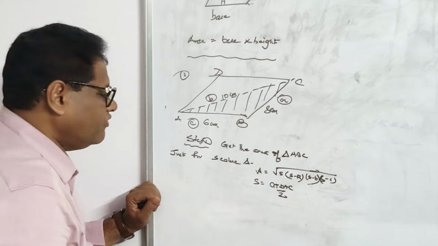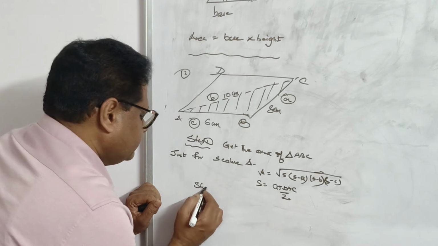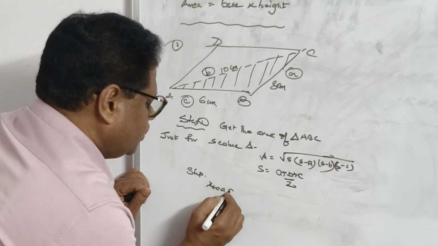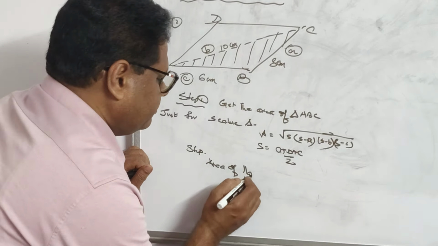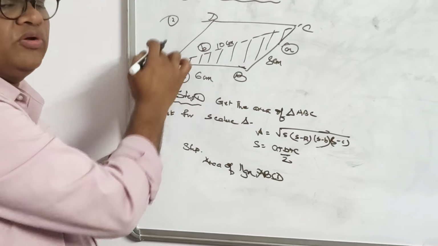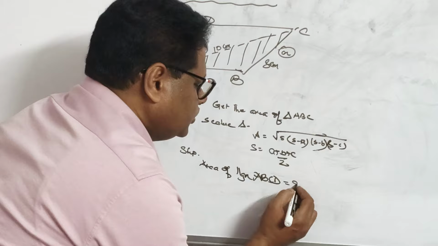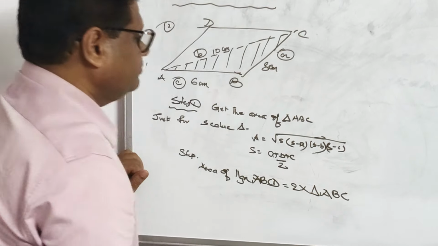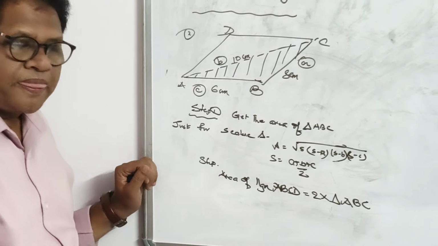After that, step 2: area of parallelogram ABCD, that is the whole parallelogram, equals 2 times triangle ABC. You know why?